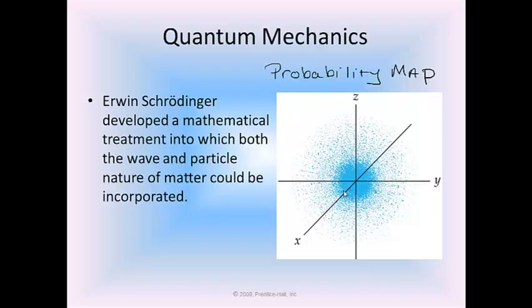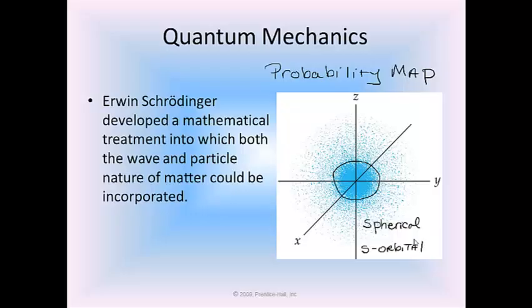What this probability map is telling you is there's a 90% chance of finding the electron in this very dense area and 10% on the outskirts. Now keep in mind this is three-dimensional, so this is a very spherical looking shape, which actually is going to, as we get deeper into this video, represent the s orbital.